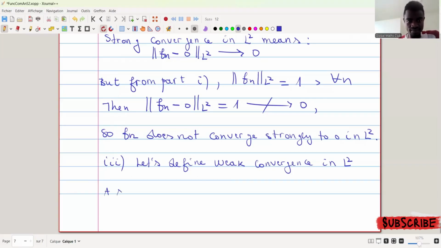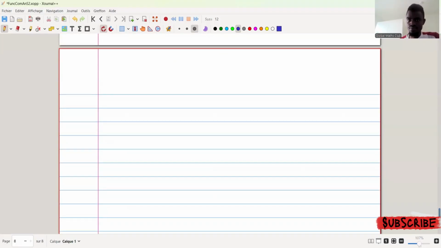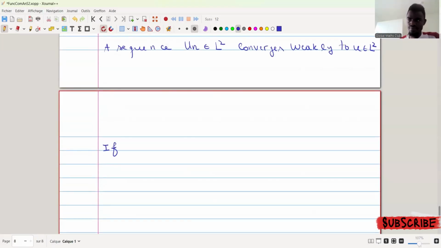A sequence, maybe Un, in L2 converges weakly to U in L2 if for every test function phi in L2, normally this phi is in the dual of L2, which is L2, we have that this goes to this.